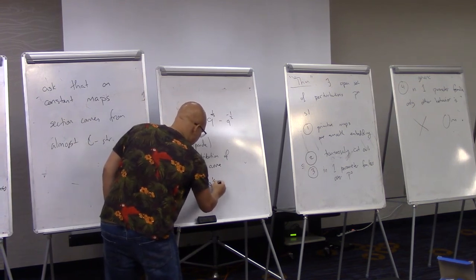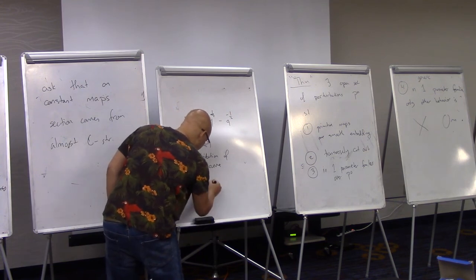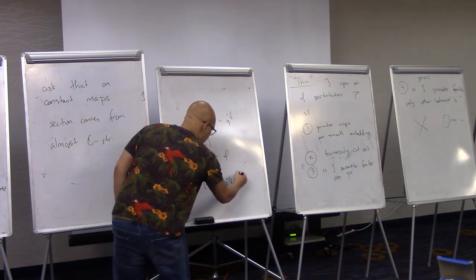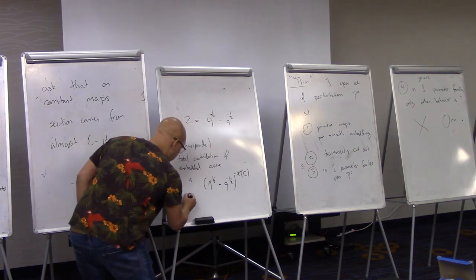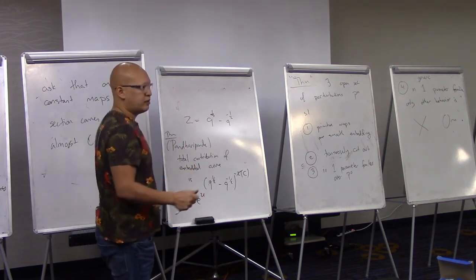is q to the 1/2 minus q to the negative 1/2, to the minus Euler characteristic of the curve, where q is e to the u, and u is the genus counting parameter.